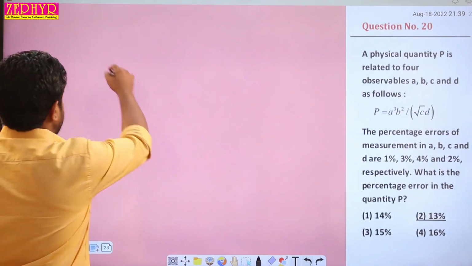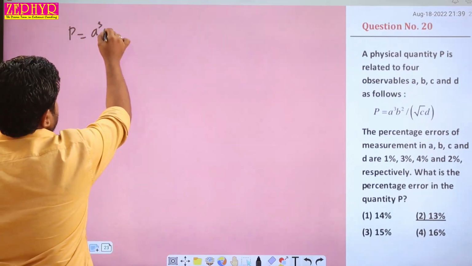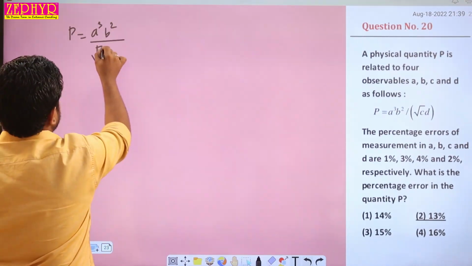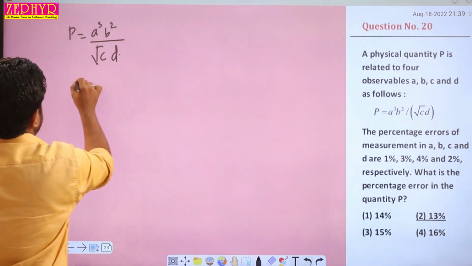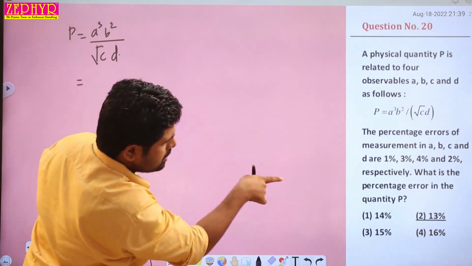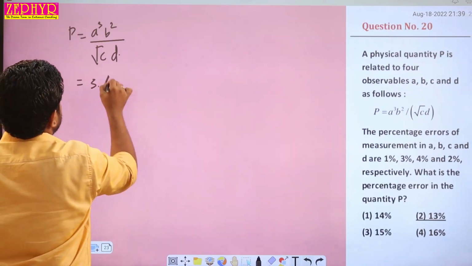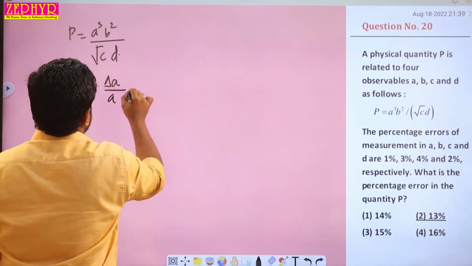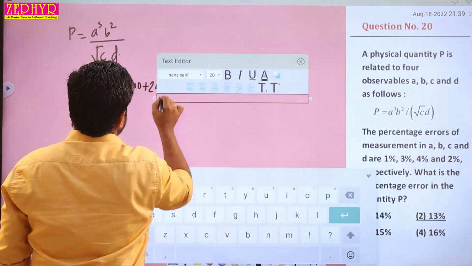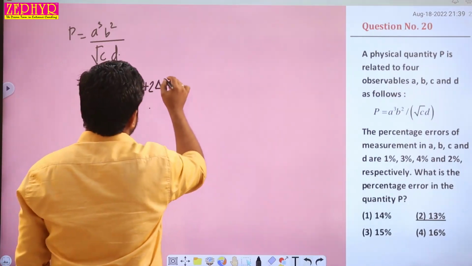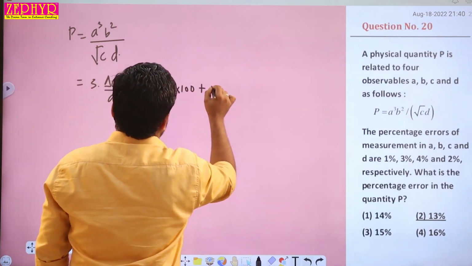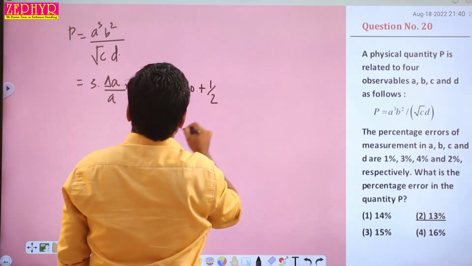So here the equation is P is equal to A raised to 3 B square divided by root of C into D. So now the percentage error is 3 into delta A divided by A into 100 plus 2 into delta B divided by B into 100 plus, root means it is 1 by 2.